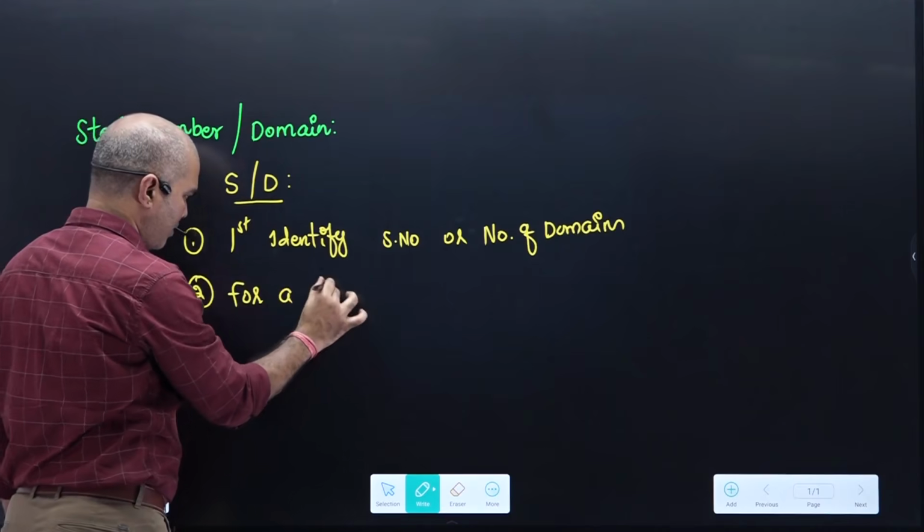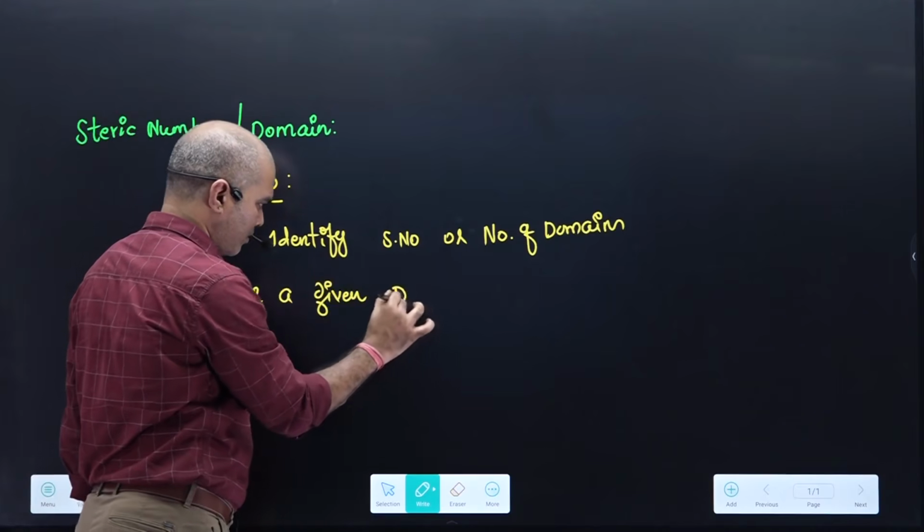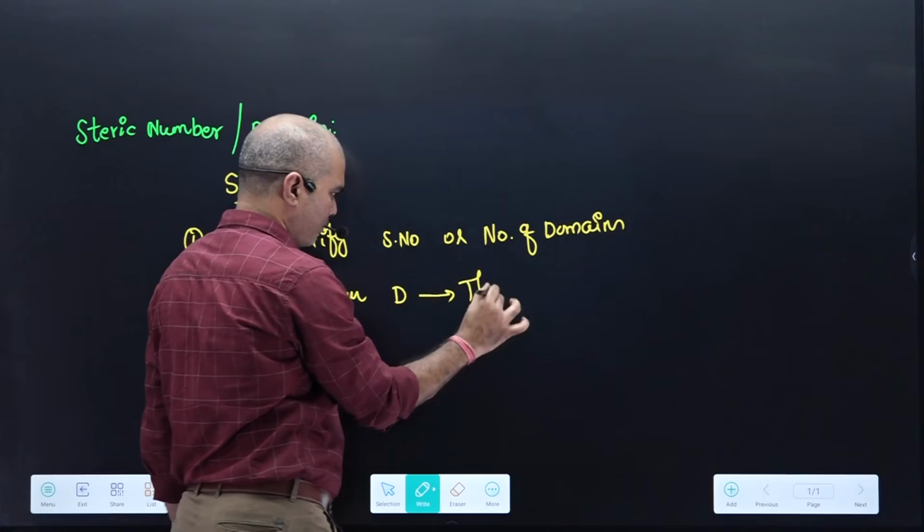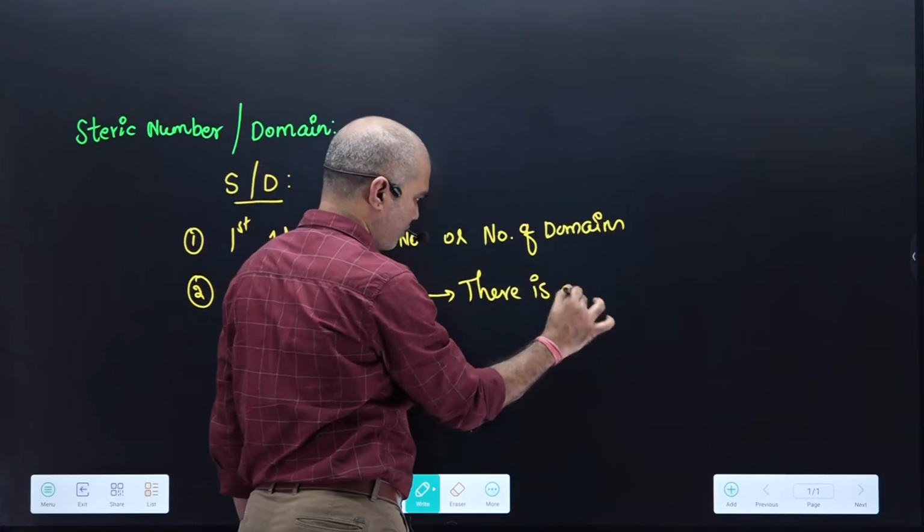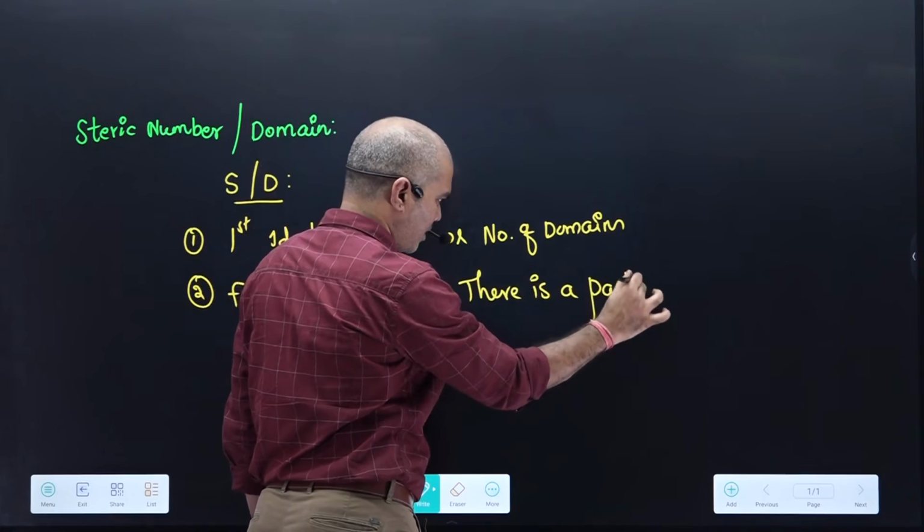For a given domain, there is a particular hybridization.